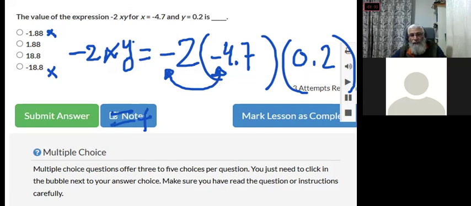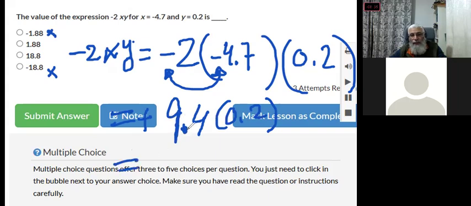2 times 4 is 8, so this is 9.4, because 0.7 times 2 is 1.4, times 0.2. 0.2 is like 2 out of 10 of this number, which is less than 9.